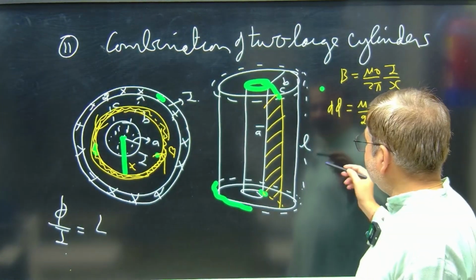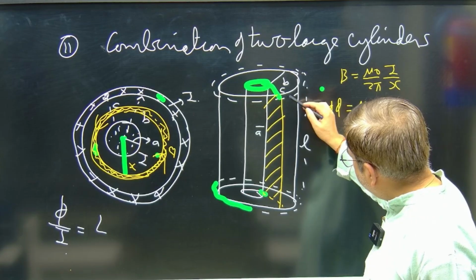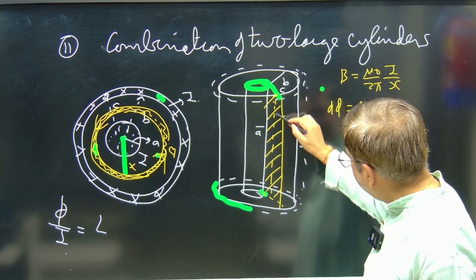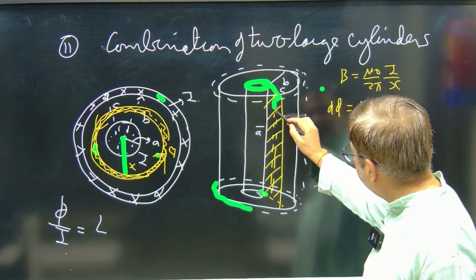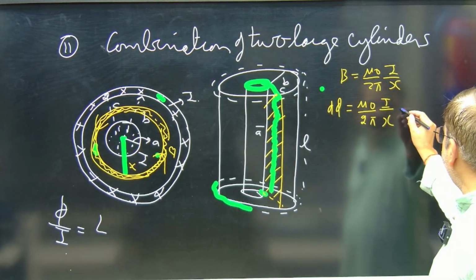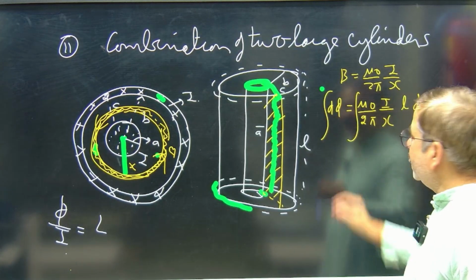So I can take this to find the flux value. On this rectangular plate, I will take one element of length L and thickness dx. This creates an area, and the area will be L into dx. If I integrate this, I will get the value of flux.